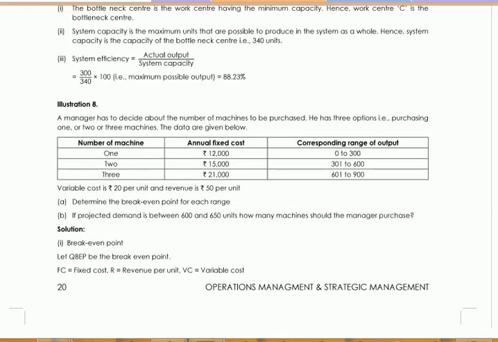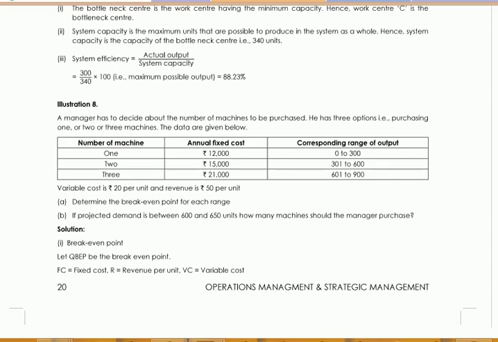How many machines will be required by the manager if the demand is somewhere between 600 to 650 in the coming future? This is one of the most logical parts of the whole problem.